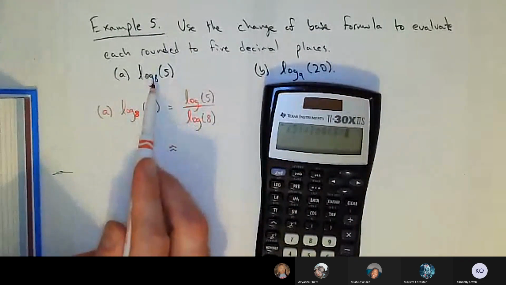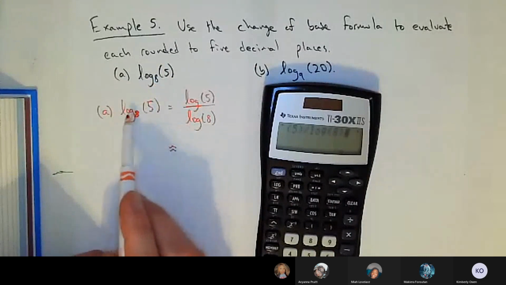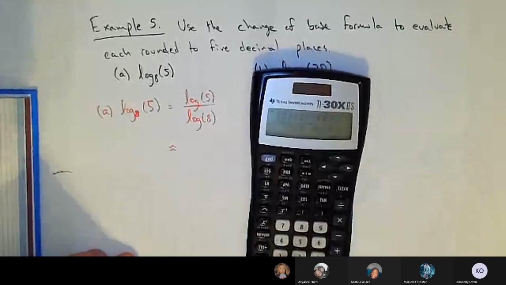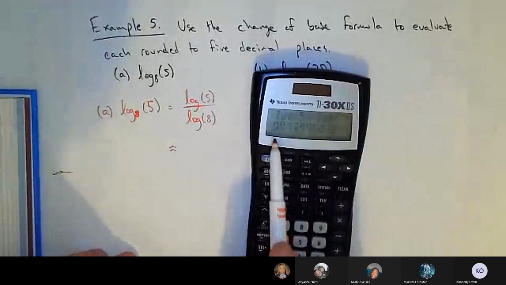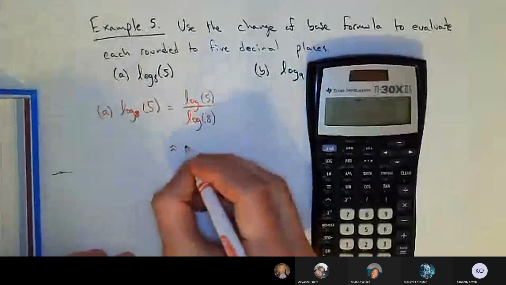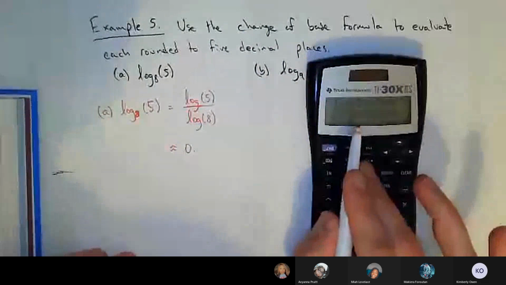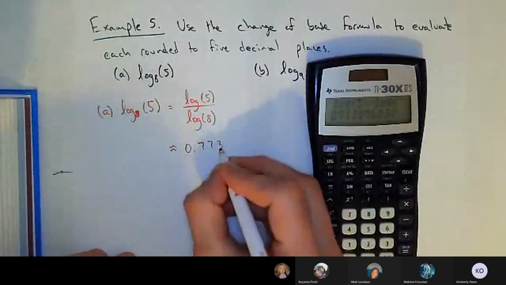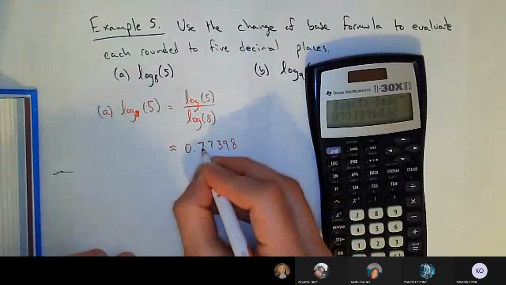So the input of the original log goes up top and the base goes in the bottom. Okay, so I'm getting 0.77397, but I'll round that 7 up to an 8. 0.77398.